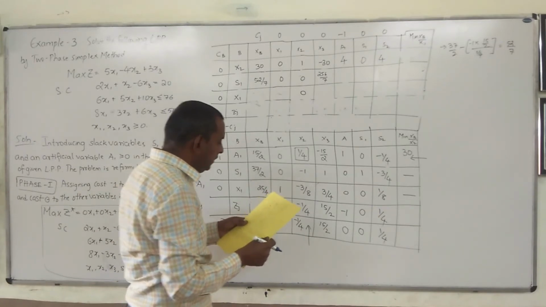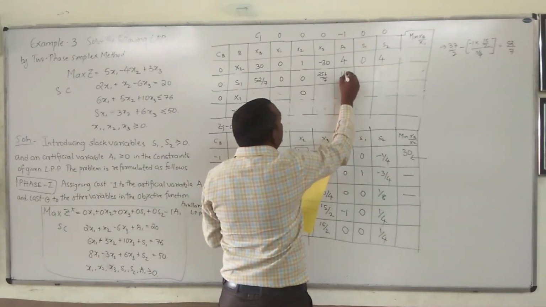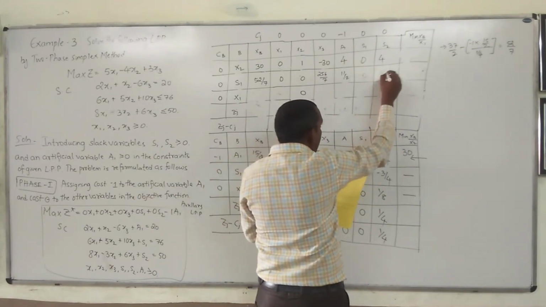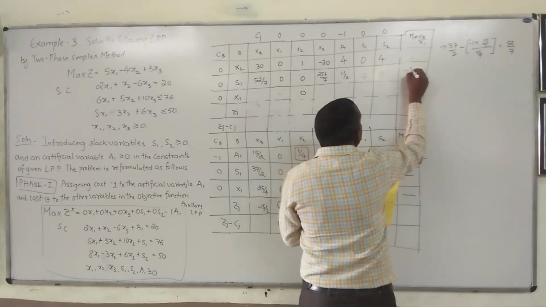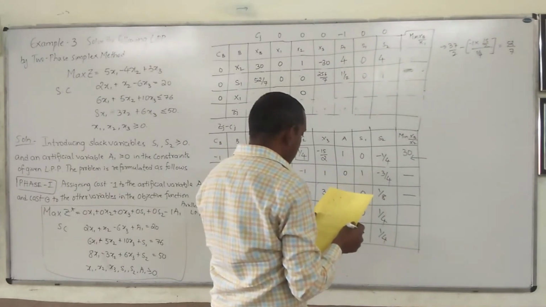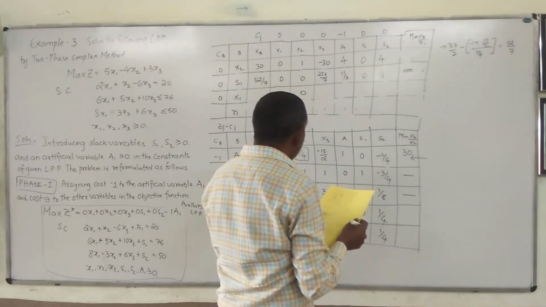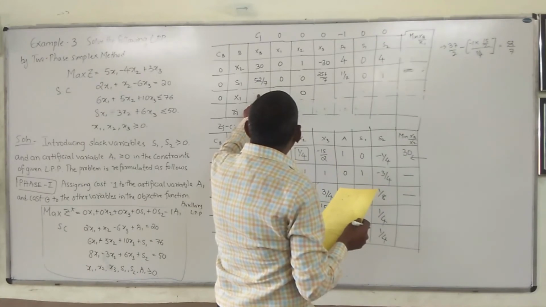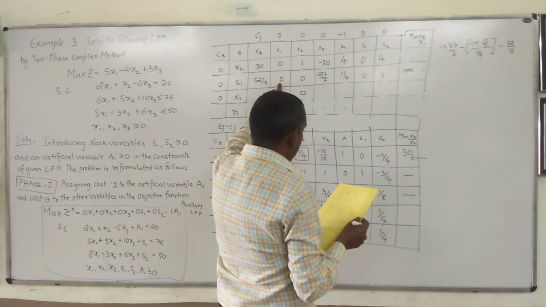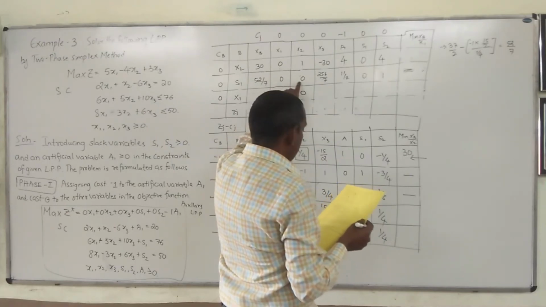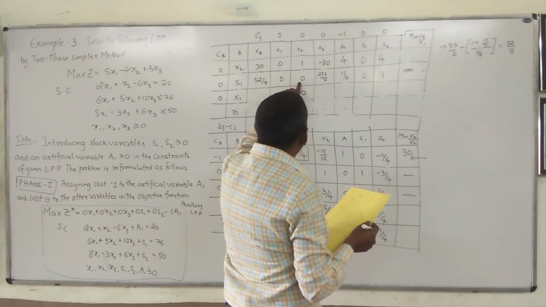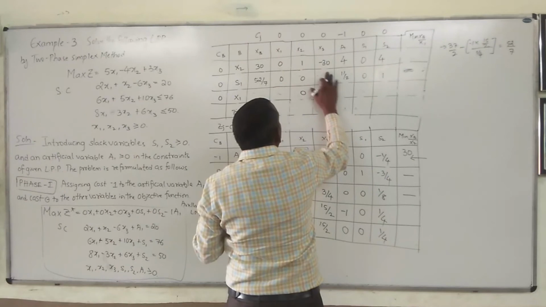Then followed by it is 11 by 2. Followed by it is 0, it is 1, and it is minus 3 by 4.